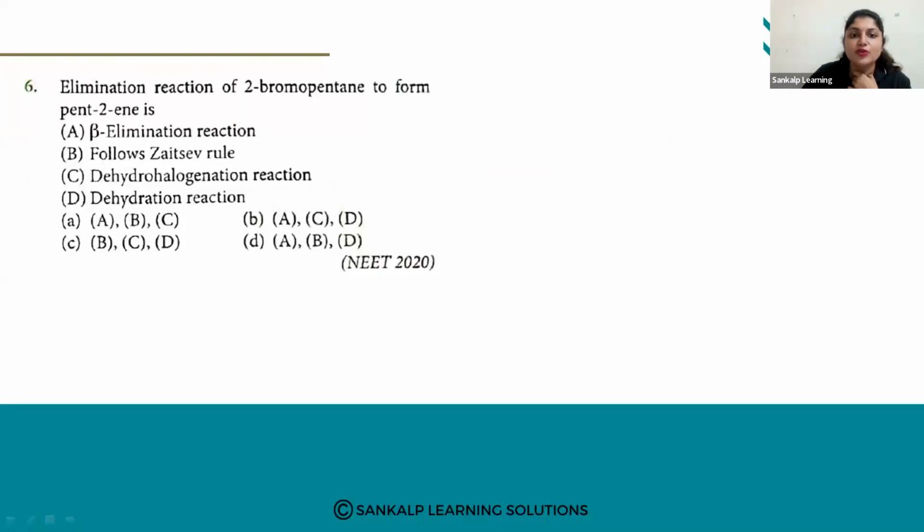Elimination reaction of 2-bromopentane to form pent-2-ene is. So another, same question. 2-bromopentane is CH3, CH2, CH2, CHBr, and CH3. So this is 1, 2, 3, 4, 5.